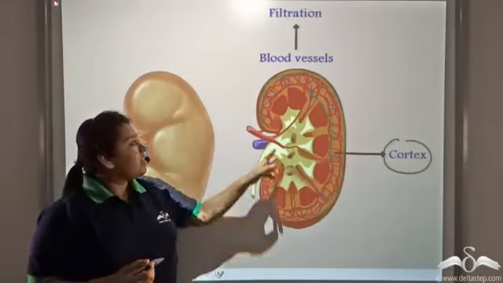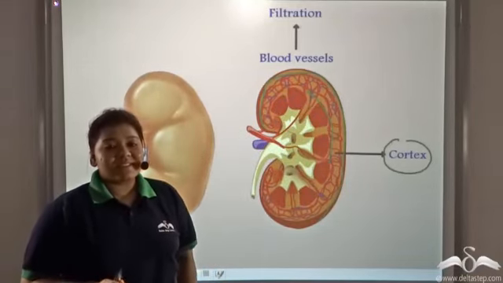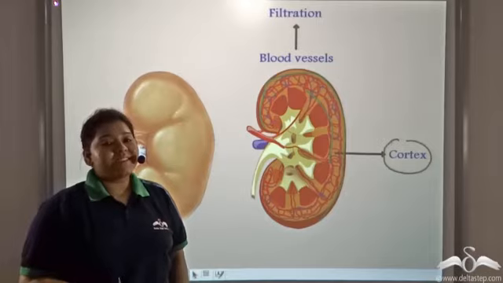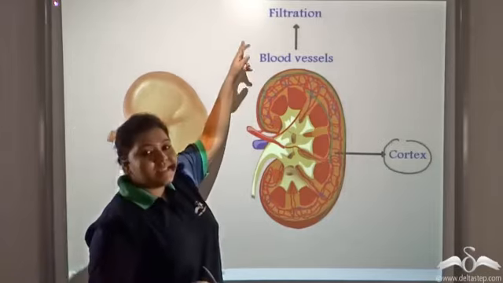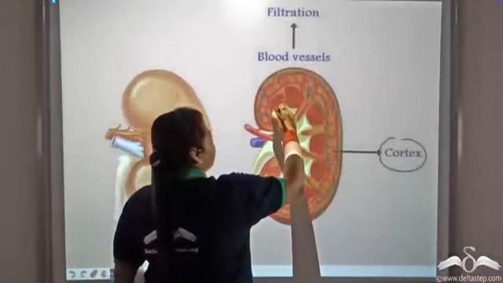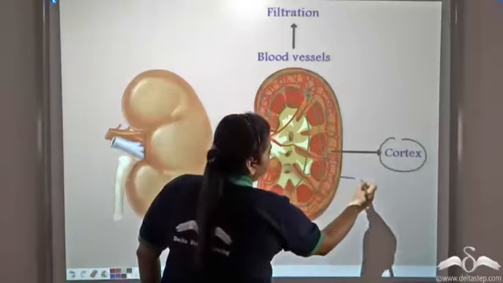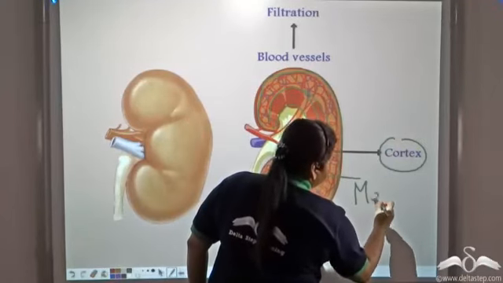Now see, the cortex has an abundance of blood vessels. And these blood vessels help in the process of filtration in the kidney. And this part is known as medulla.